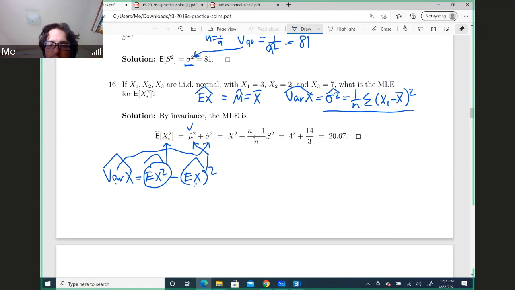They write (n minus 1) over n times s squared. This is exactly the same thing as this. You can convince yourself of it because s squared is equal to 1 over n minus 1 times a bunch of stuff, which is the same.